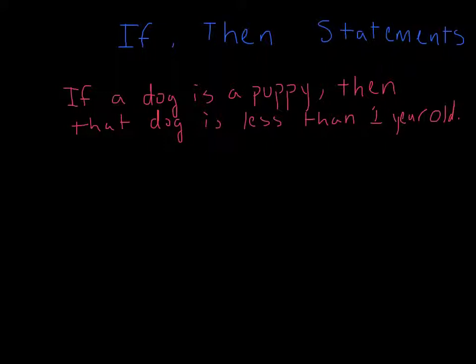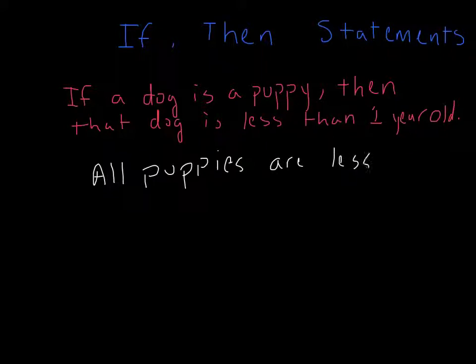Okay. Now the last part of what you would do is rewrite the sentence. So basically what you do is take the if, start with all, and then go with the part of the if. So, all puppies are less than 1 year old. Hopefully you can hear my dog scratching over here.